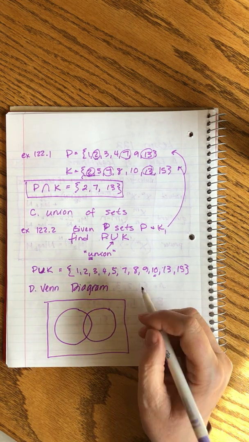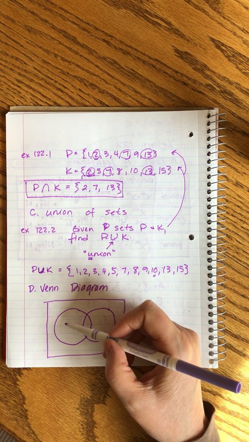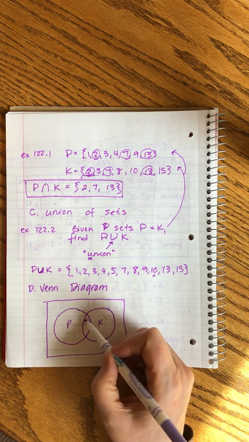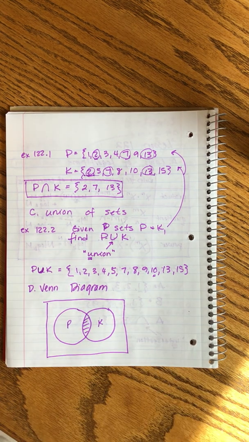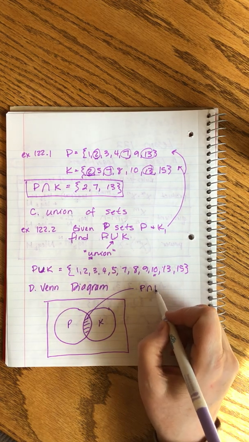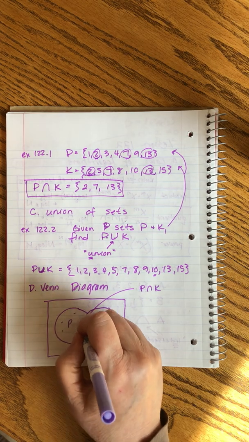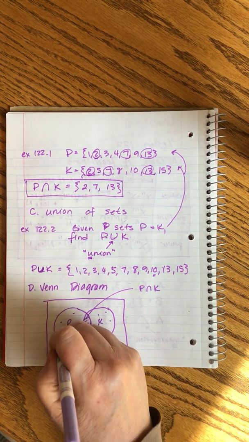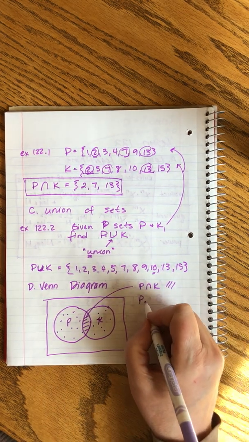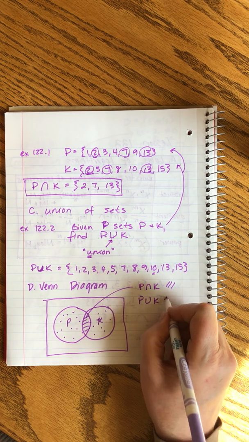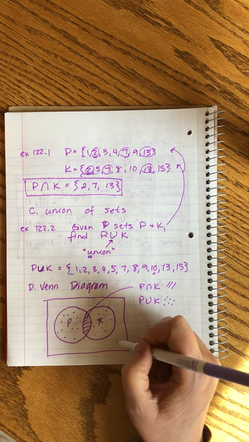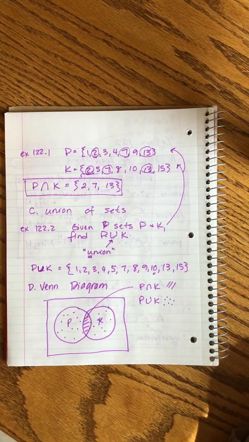So this is set K. This part is the intersection of the two sets. If I put dots all over both circles, that would be the union. And then there's space out here for things that are neither P or K, right?